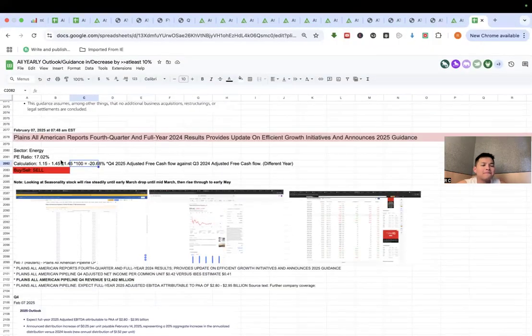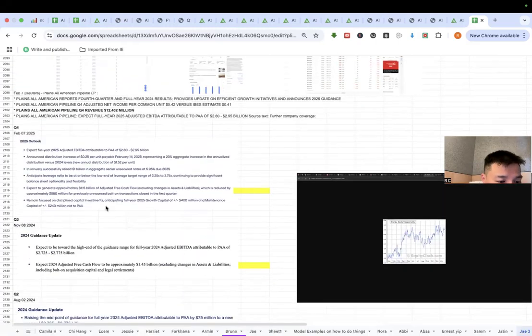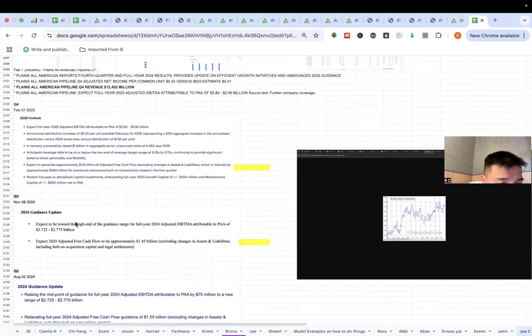So with everything being said, let's pretend everything is good. So it did look like a, let me continue to look more, yeah? So let me say, towards a high end of full range, 2.725. This is EBITDA. EBITDA is now 2.8. So the EBITDA went up.